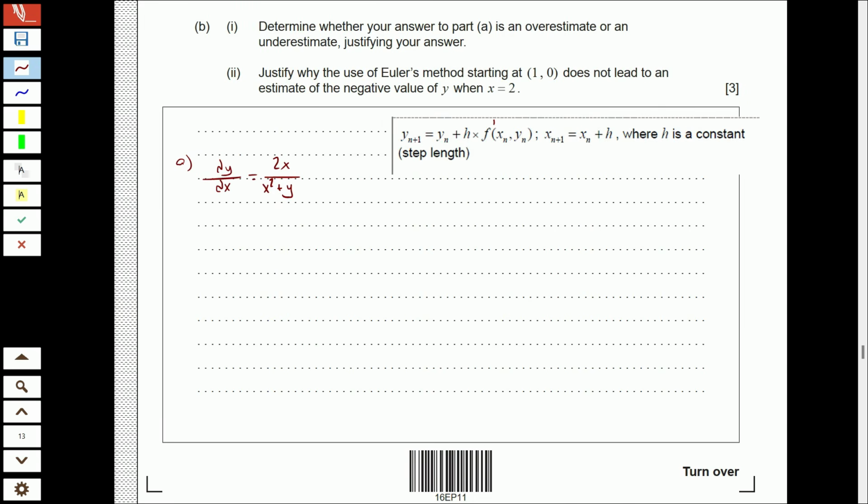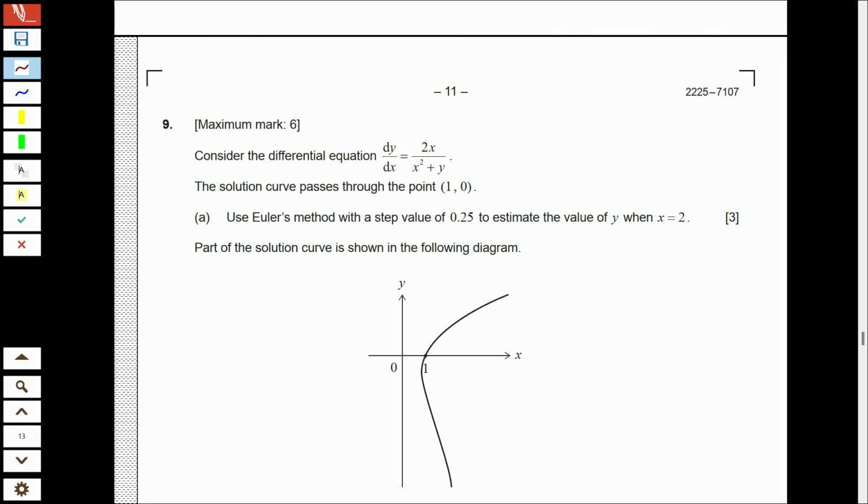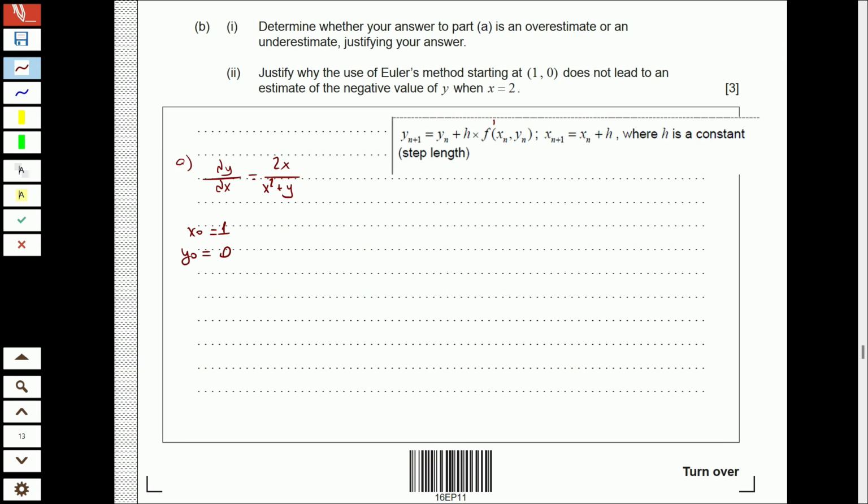So I can say that the initial x point is 1 and the initial y point is 0 in this case. So to find y1, or y sub 1, I will substitute these values into this equation. It's going to be y0 plus h, the step length.